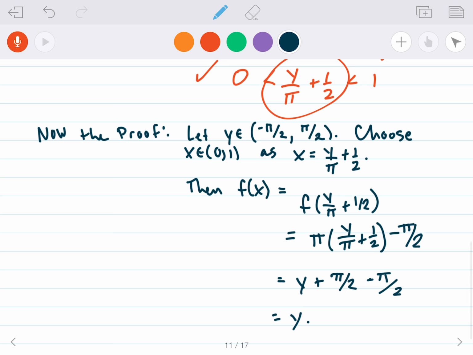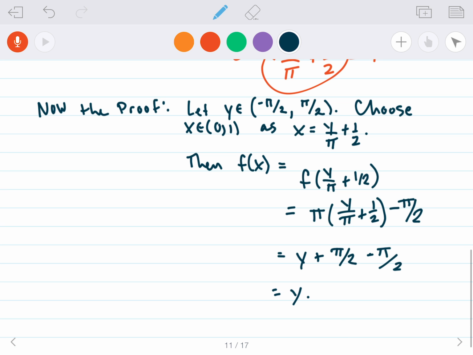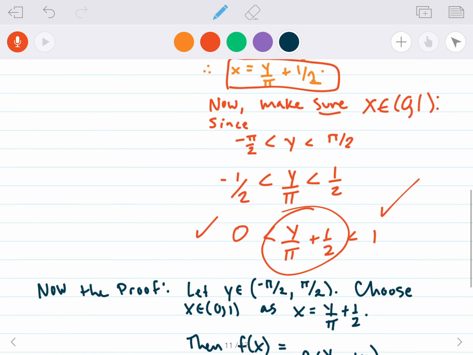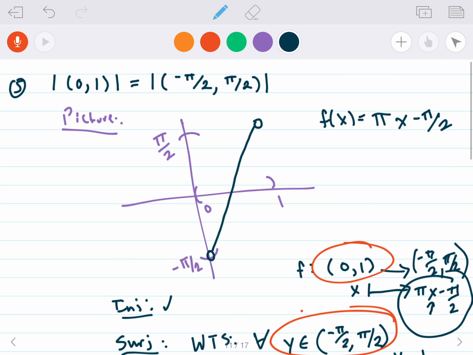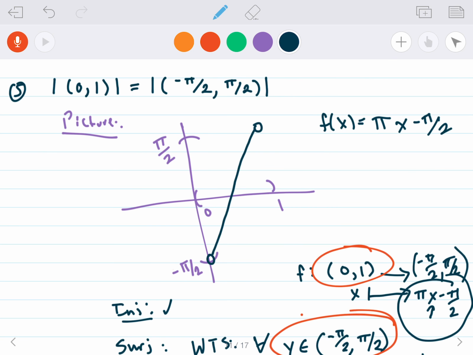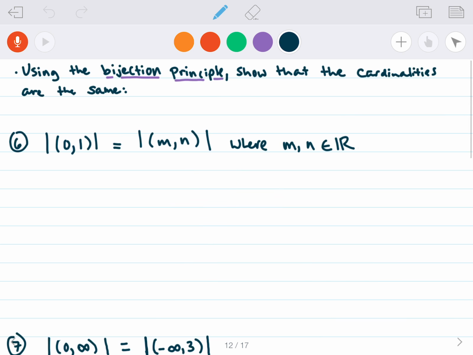So I just get y. Hence, f is surjective. And we're done. So once you show injectivity and surjectivity, f is a bijection, both injective and surjective.